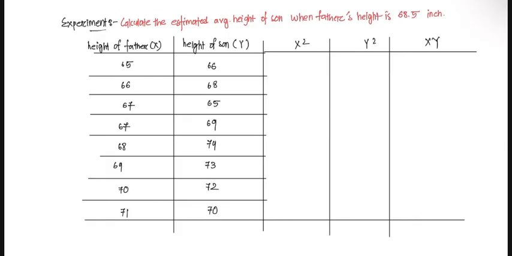So x square values: 65 multiplied by 65 is 4225, 66 multiplied by 66 is 4356, then 67 multiplied by 67 is 4489.